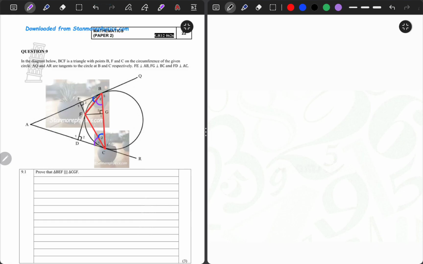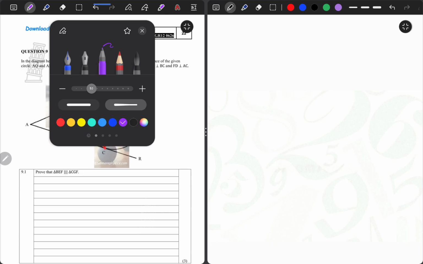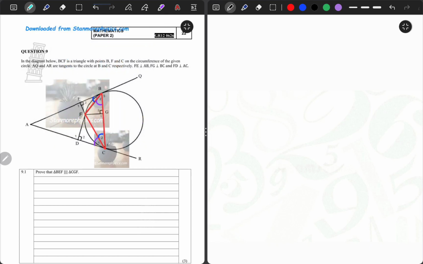Now we need to prove that triangle BEF, which is this triangle, we need to prove that this triangle here is similar to CGF.